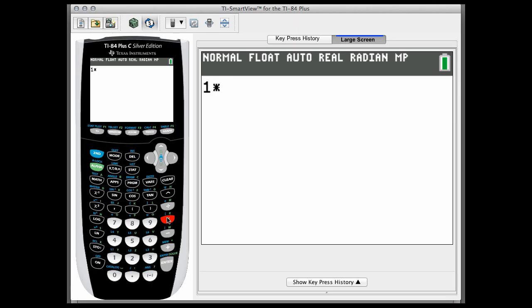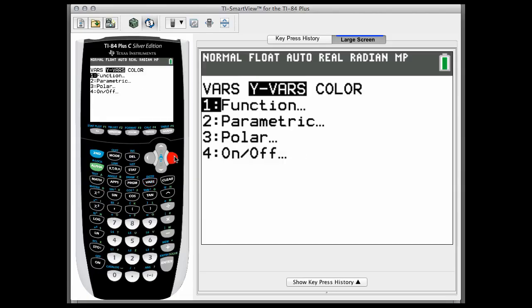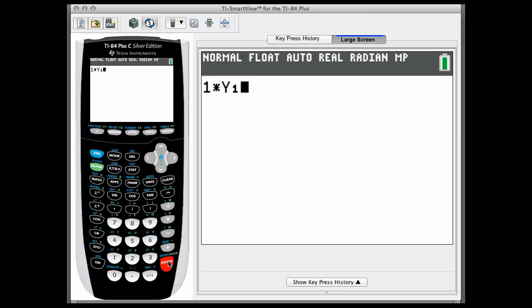Remember your calculator will do function notation for you. If you hit the vars button, go across the top to y vars, into function, and pull up y1, and we're going to evaluate y1 at 0.5. So it looks like that. So it's essentially mimicking the f of x notation.